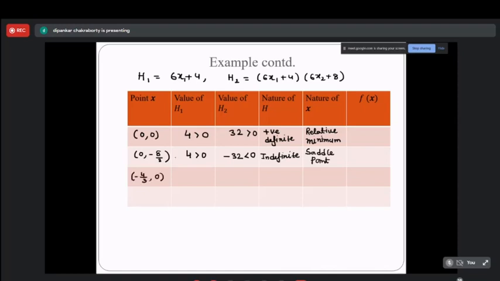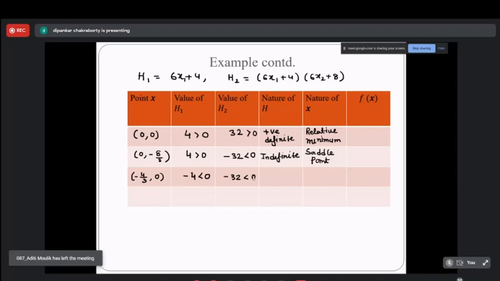What will be H1? Minus 8 plus something, less than 0. What is H2? Minus 4 by 3, that is minus 4. Here it is coming as 8 plus 8, so minus 32. So H1 is less than 0, H2 is also less than 0. What is the nature of the function?